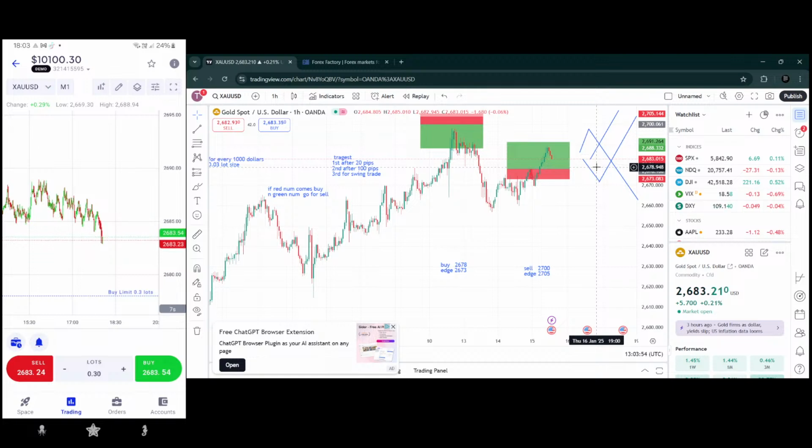Because here the market rejected the first time, then went down to 70, and then boom, the market crashed from here and moved to the upside. So what I am expecting is for the market to go here, make a spike on the downside, and then go bullish. But we'll see.